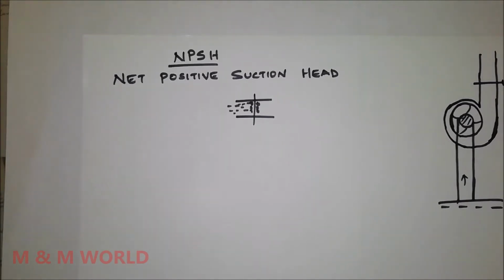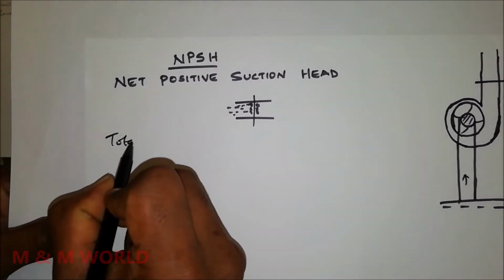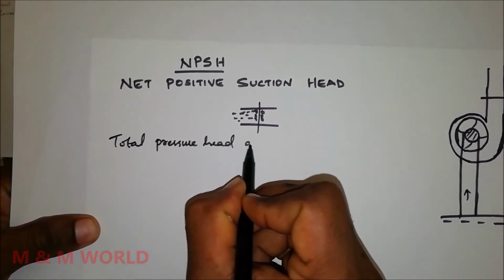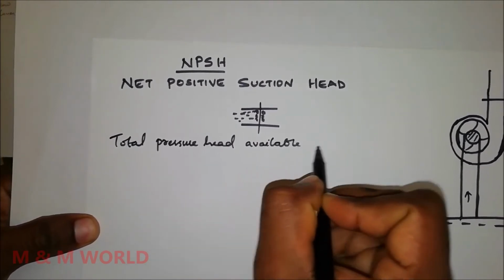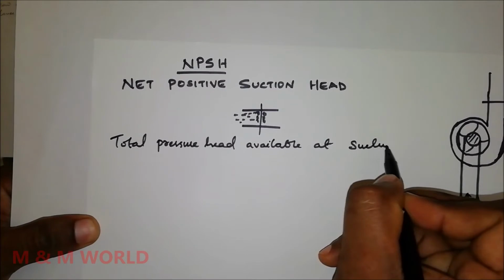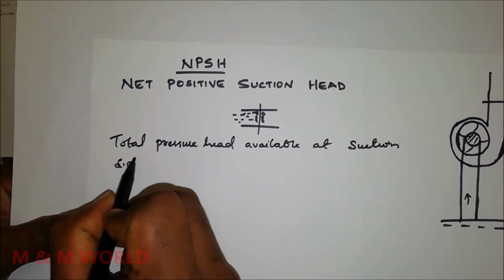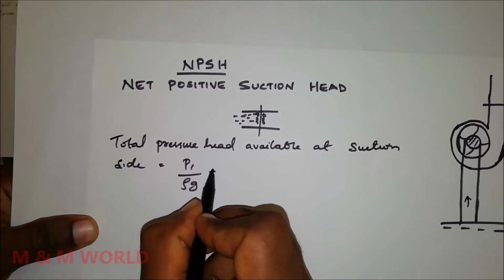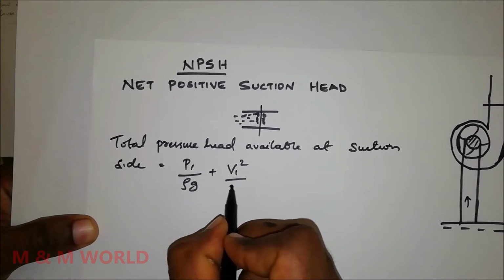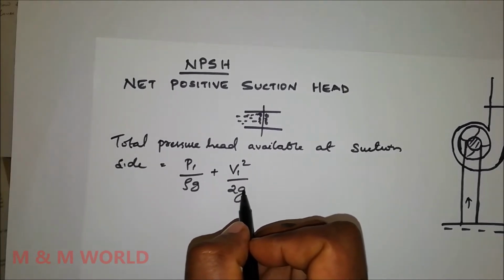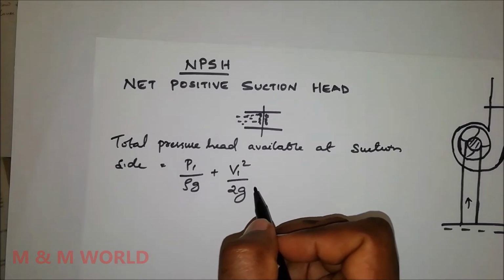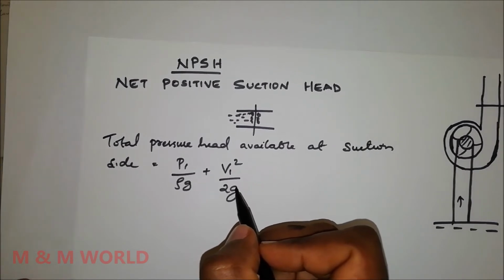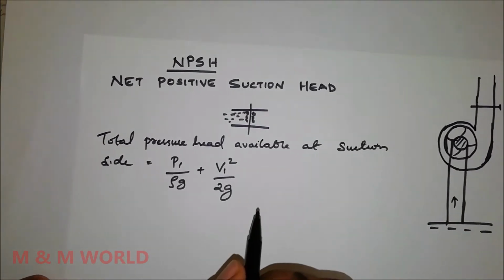The total pressure head available at the suction side is equal to P1 by rho g plus V1 square by 2g, where P1 is the pressure at the inlet of the pump and V1 is the velocity with which the liquid is flowing through the suction pipe.